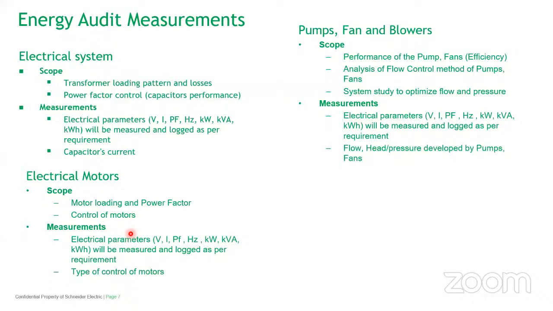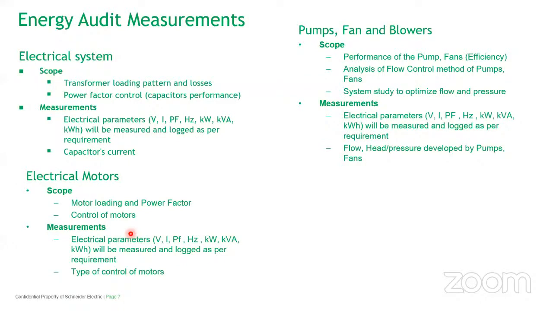For example, in a pump, the flow rates are normally controlled by throttling. That means there will be a ball valve which reduces the flow rate, so that the pump water flow is controlled. But that is the most inefficient way of doing flow control.